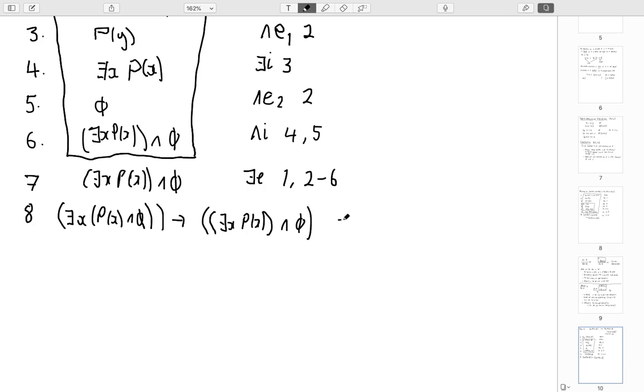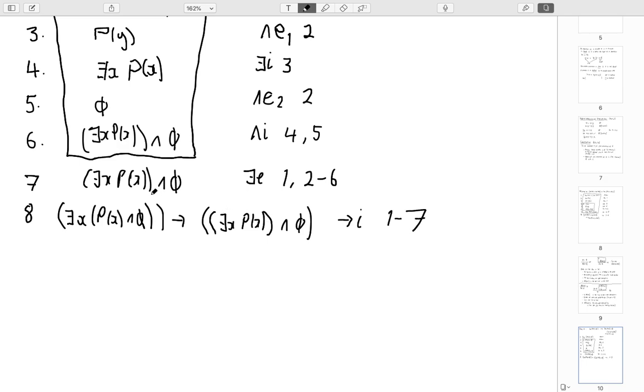So that's now by implies introduction from 1 to 7.